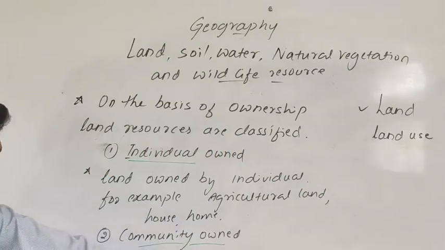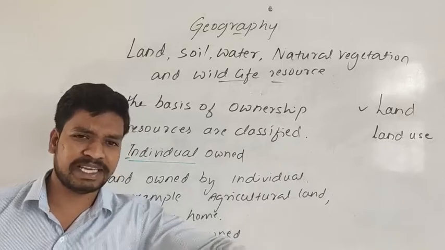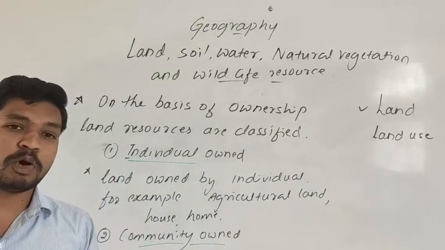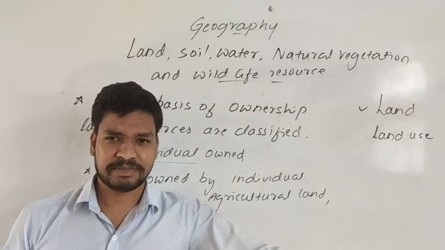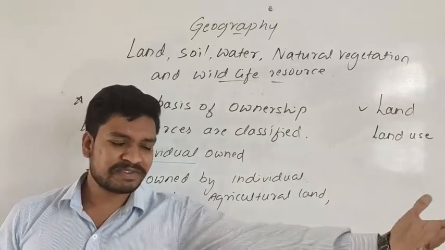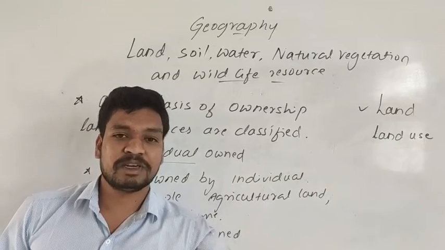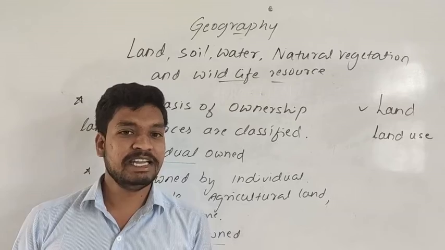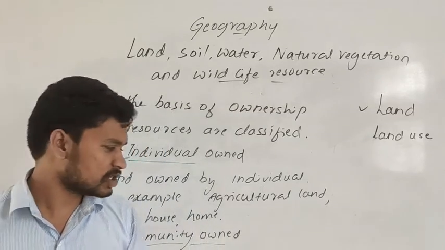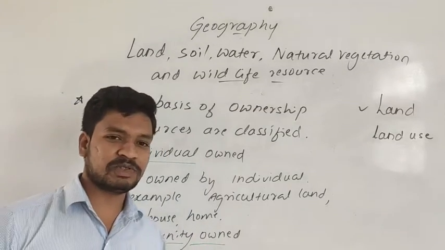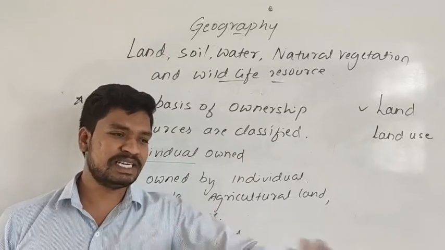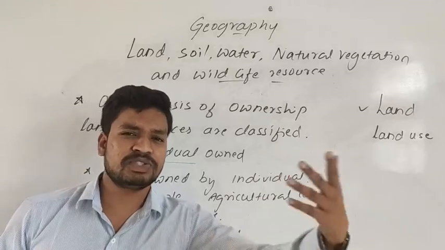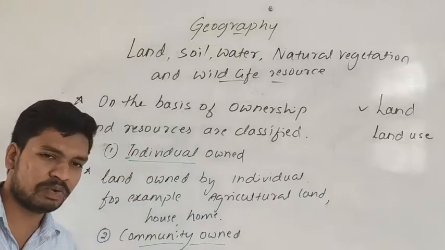So these are all examples of community owned resources. A group of people can make use of that grazing land, like Gomala, some wasteland, barren land, where the people of that community can get the help of the plants which grow there to feed their family animals. That's about the community owned resources. And a playground is land where the community people can play. It belongs to the community owned resources.